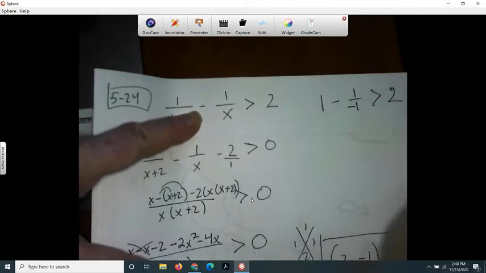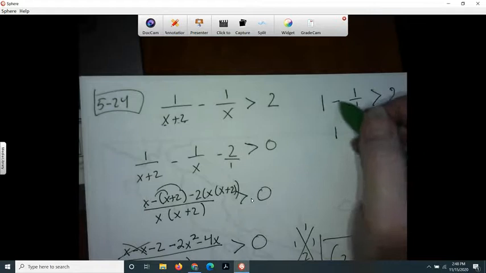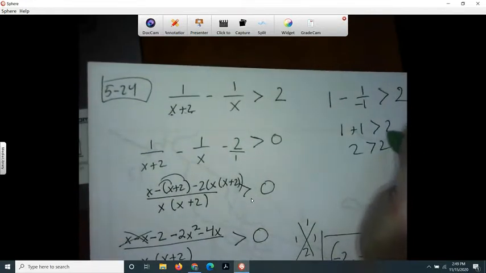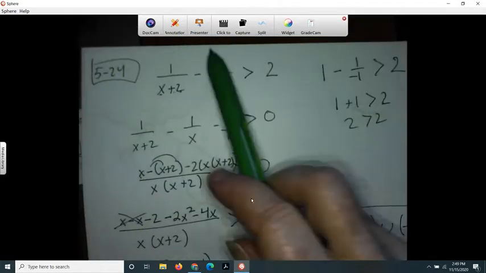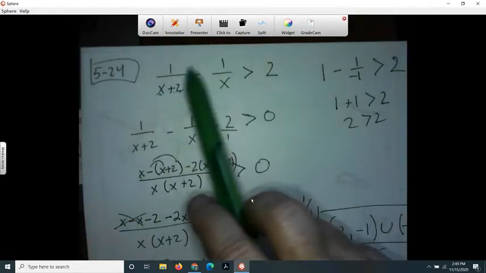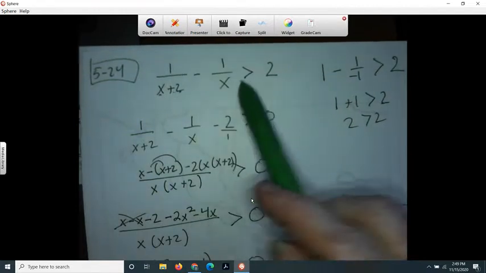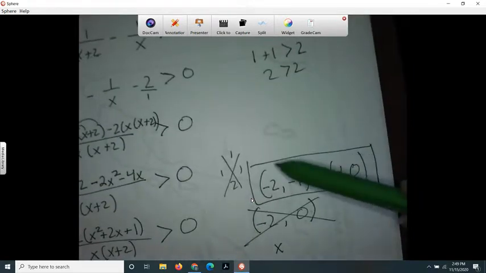Okay, so that gives me 1 plus 1 greater than 2, 2 greater than 2. So whichever way you plug it in, -1 doesn't work, it's not a solution. If this had a little equal symbol on it, then it would have worked. So this is the answer.